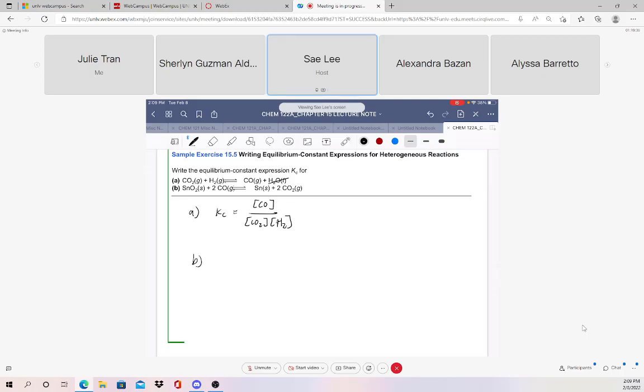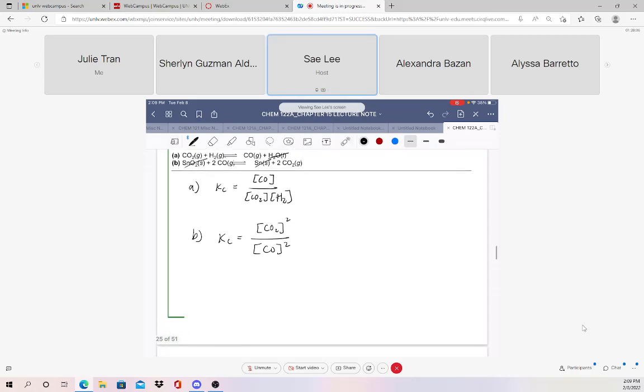For B, we have solid on this side, solid on this side, which we're going to exclude. So the Kc is going to be CO2 raised to the power equal to the coefficient divided by CO raised to the power equal to the coefficient. All right. Can I move on? Yes.